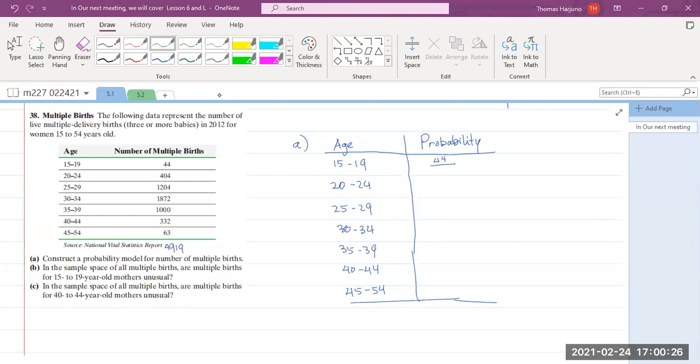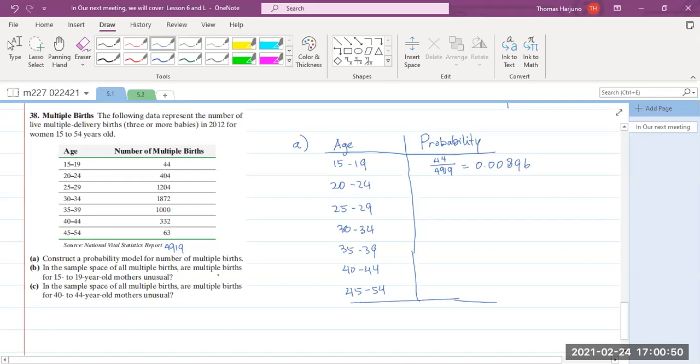So the relative frequency for multiple birth for women 15 to 19 is 44 over 4,919, which is 0.00896.